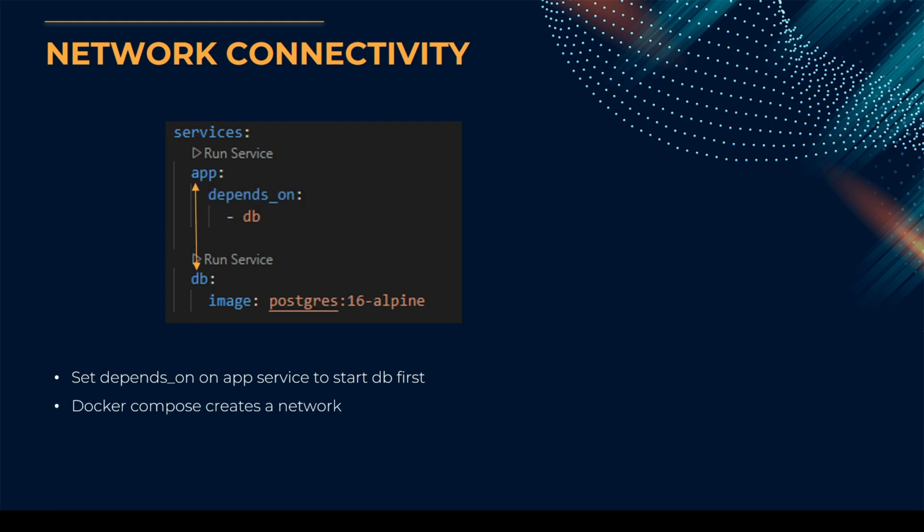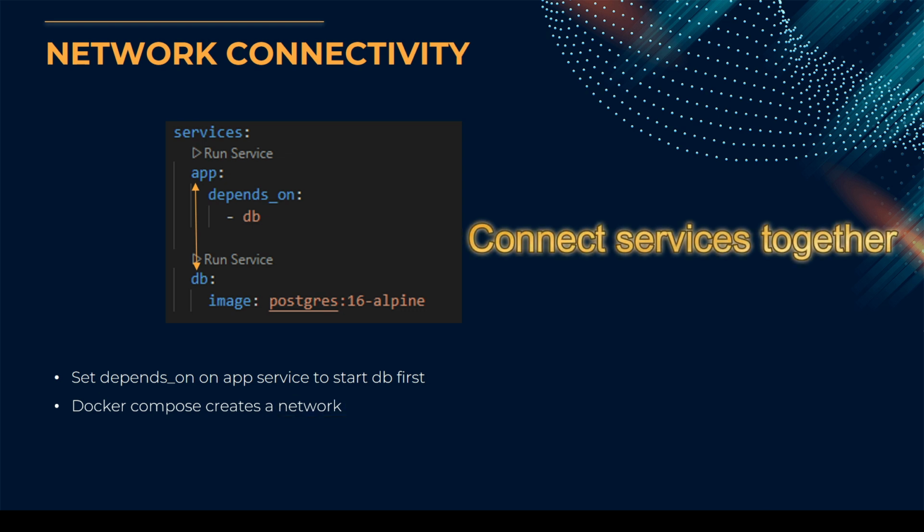Docker Compose automatically creates a network between the different services. In this case, a network is set up in the background that connects the app service and the database service, allowing them to communicate with each other.